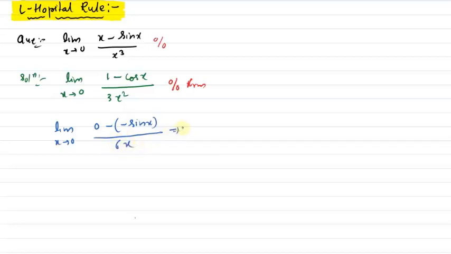So this will give limit x tending to 0 sin x by 6x. Now if you want to use standard limits, limit x tending to 0 sin x upon x is 1, and you'll get the answer as 1 by 6.